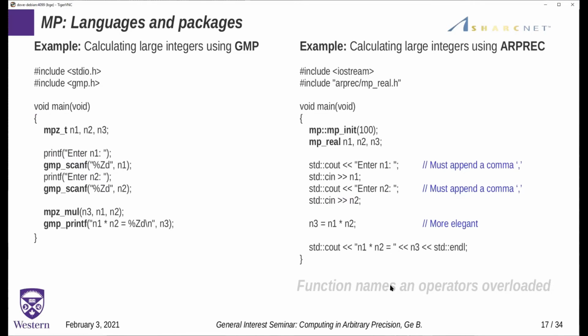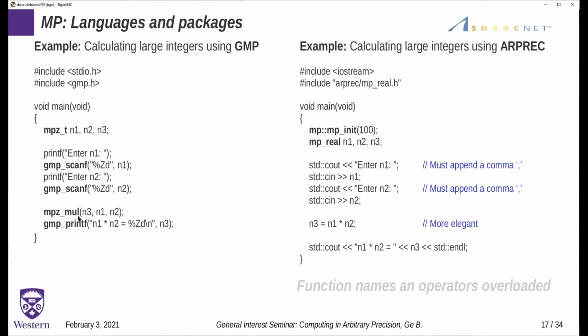So next, in order to correctly perform the large integer multiplication that we've just seen in C, you can use a package called GMP. That's a multi-precision package, GMP, which is available for any Linux distribution and Windows as well, I believe, and Mac OS. This is an open source package. So we use GMP, and I use the data type defined in GMP, and we define the 3 variables, N1, N2, and N3. And then we use the GMP scanf, the input function, to input the first and the second integer, and then do the multiplication.